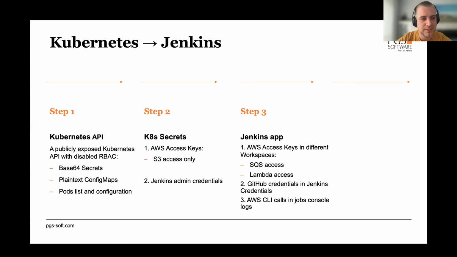If you use Jenkins, you know that Jenkins uses workspaces to show you the code. It downloads the code from the repository to work on it, and this code is then stored in different workspaces. So you can see the code, you can preview all files, and then I found a config file with another set of AWS access and secret keys with SQS and Lambda access, but still not enough.